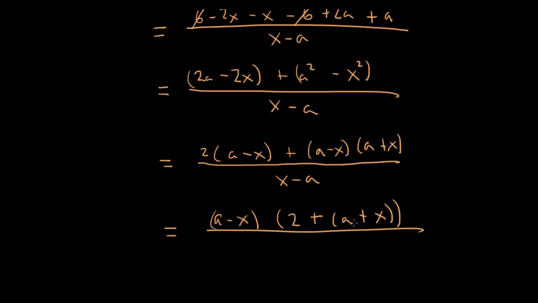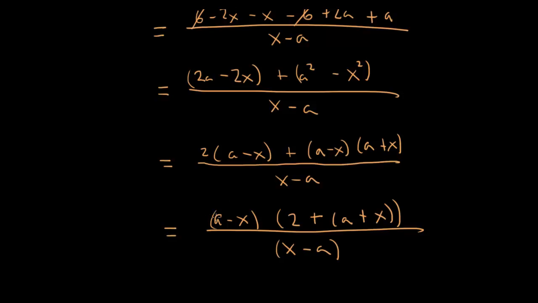I use parentheses there just to be pedantic, but since that's all added, those parentheses aren't necessary. But look what we can almost do. We can almost divide out a factor of a minus x, but it's x minus a down here and a minus x up there. So what we need to do is factor a negative 1 out of one of these two factors, so that we can get them to match up.